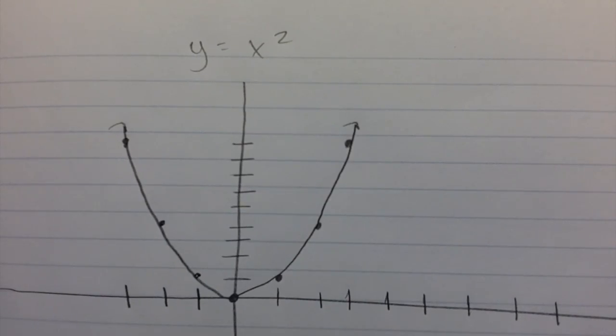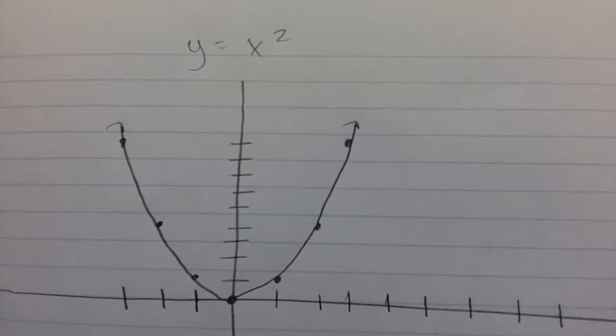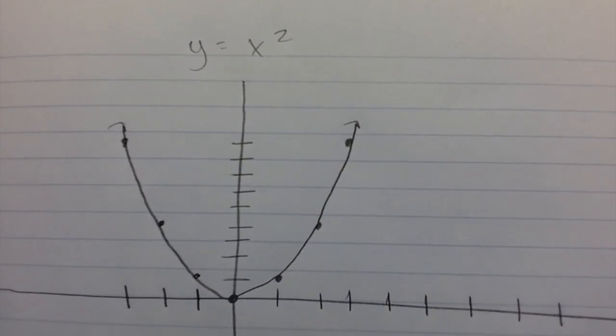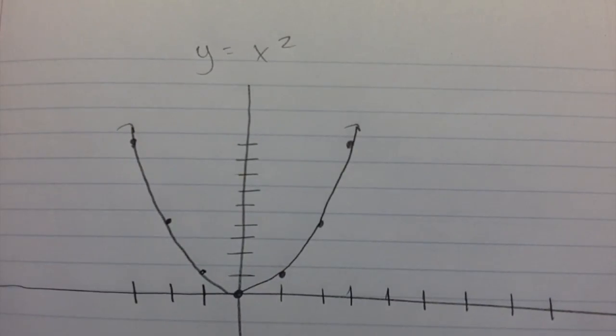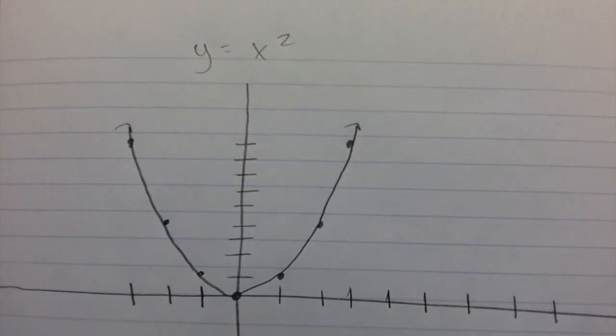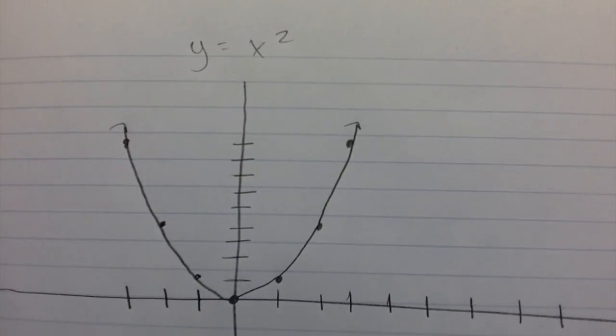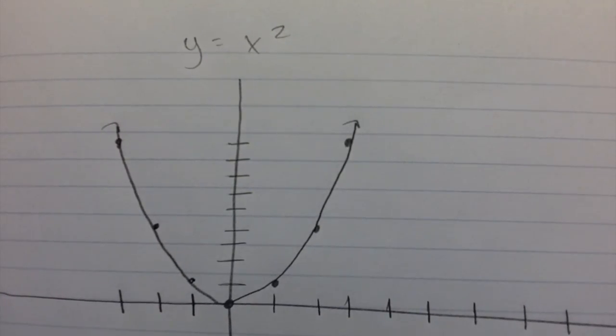When you look at the graph of y equals x squared, you can't get negative numbers because you're squaring your x's. It's the same on the right as it is on the left. If you plug in a 1, you get 1; a 2, you get 4; a 3, you get 9. If you plug in negative 1, you still get 1; negative 2, you get 4; and negative 3, you get 9.